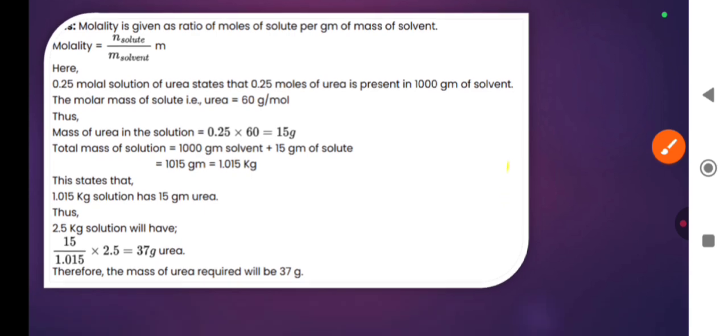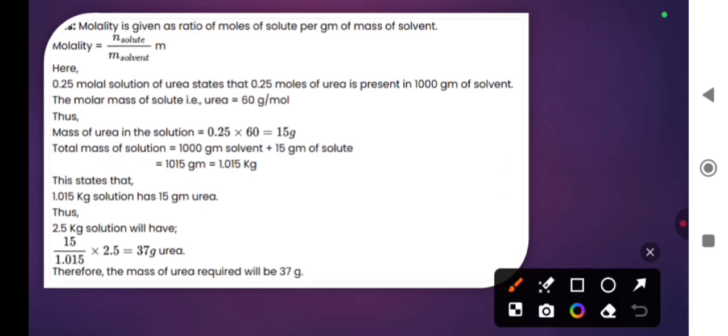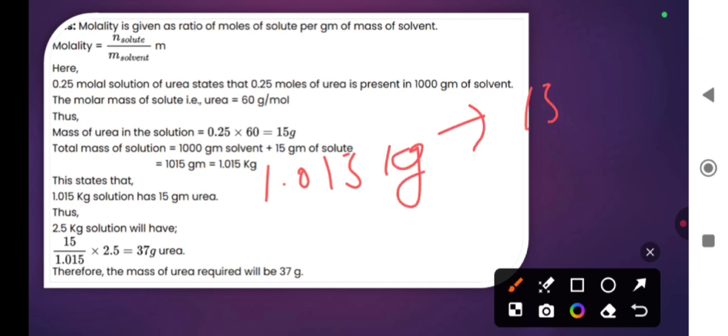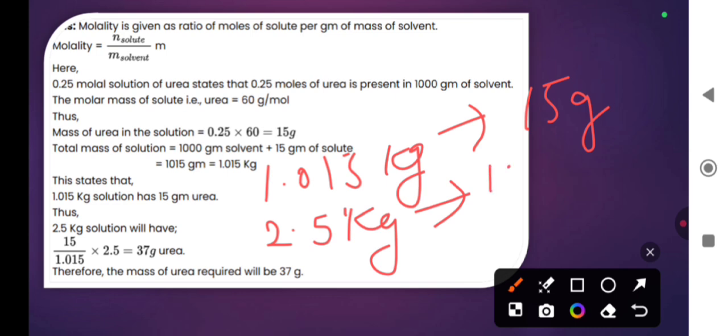Now you can apply the unitary method. How can you solve by the unitary method? 1.015 kilogram contains 15 gram. Then 2.5 kilogram contains how much? 15 divided by 1.015 into 2.5.